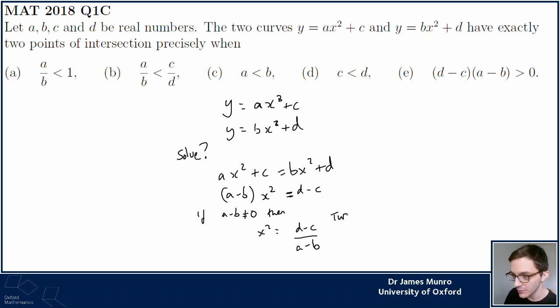Okay, so 2 solutions for x if (d minus c) over (a minus b) is positive. Okay, and I suppose that I also need a minus b to be non-zero, a not equal to b.